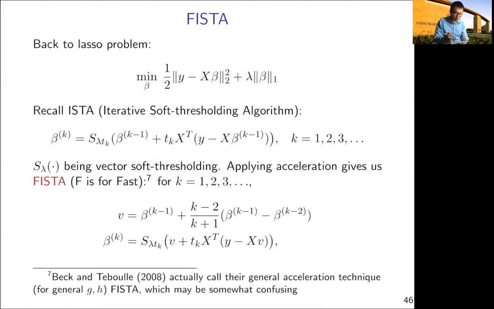Okay, so in this case, the prox operator becomes a soft thresholding, and then you are moving in the direction of the negative gradient at this interpolation point V that's coming from the two previous points. So I wanted to point out the computational benefit of doing FISTA with a more refined treatment.